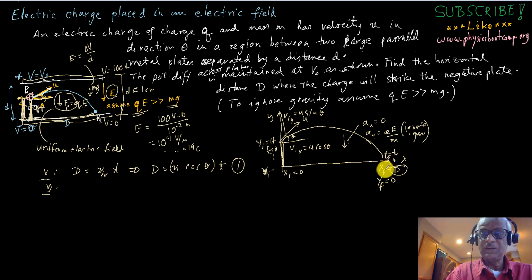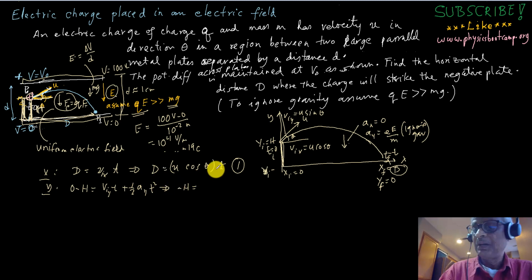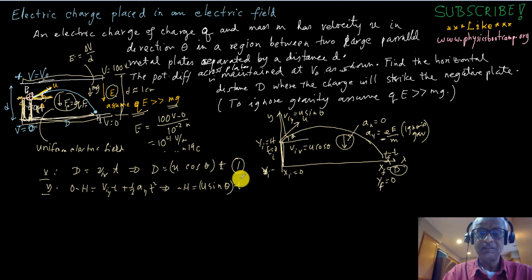So y final minus y initial, so 0 minus h, is v initial y t plus half a y t squared. So this gives me minus h is u sine theta times t, and this is not g, a y is this number, and it's actually negative, not positive, because this points opposite to the axis.